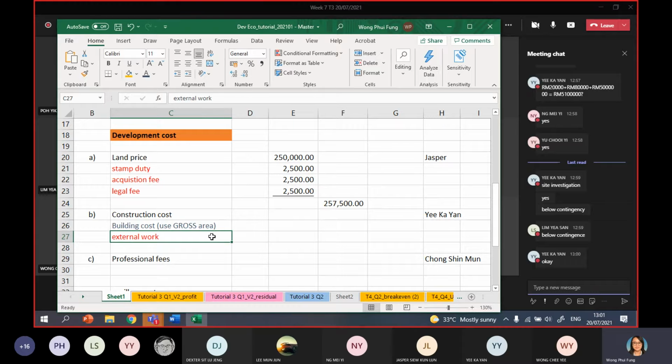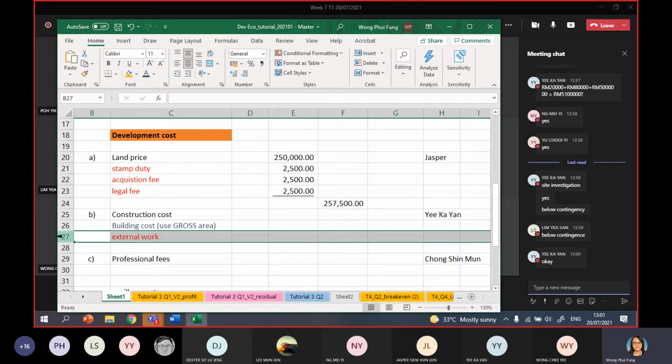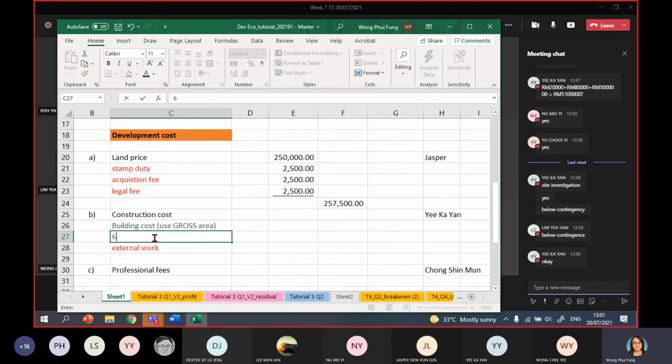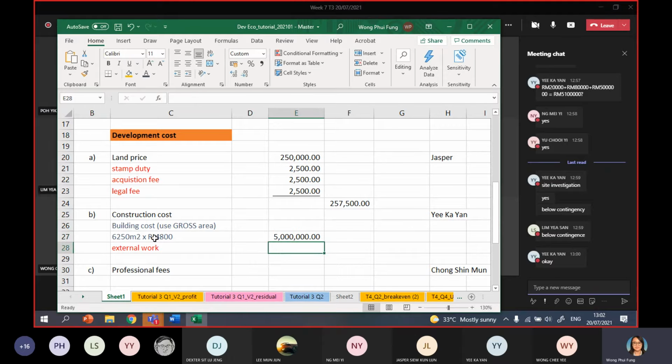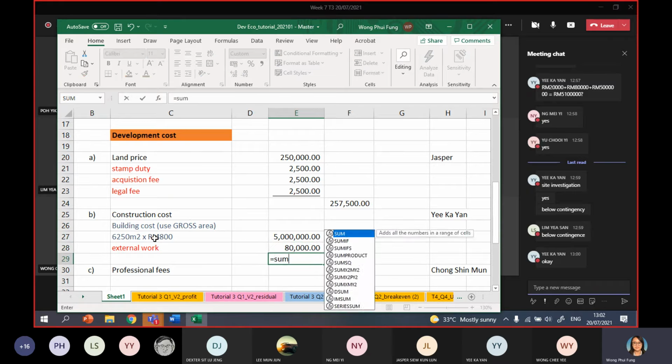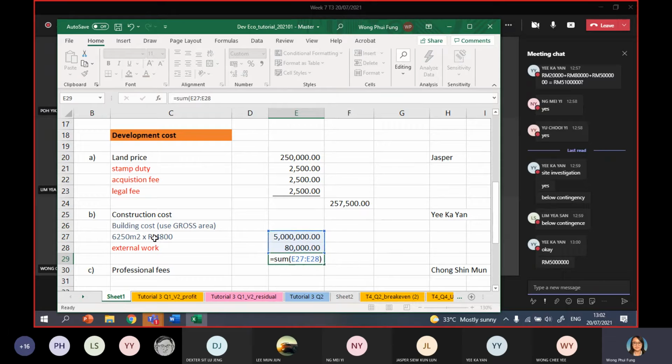So we have 6250 square meters, and the construction cost is 800. So you just use 6250 times 800. External work is given in the question, 80,000. So you sum everything up, then you will get your construction cost.